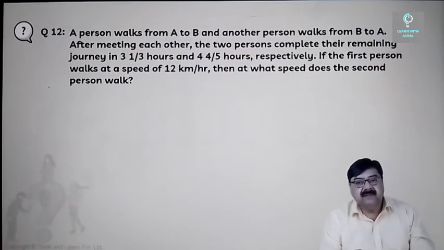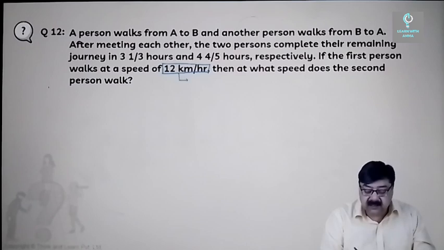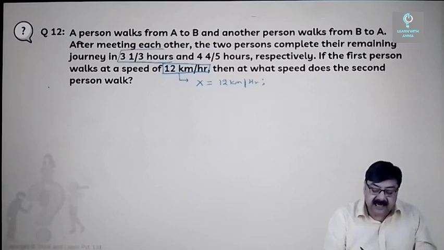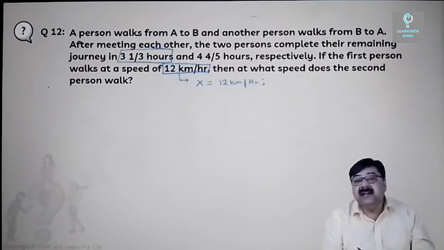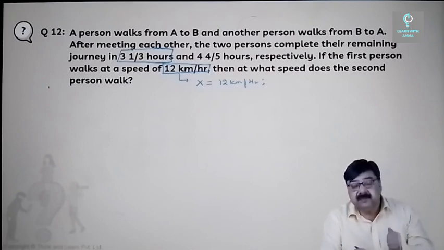So here let us identify. The speed of the first person is given to us as 12 kilometers per hour. So the value of x here is 12 kilometers per hour. The first person takes 3 1/3 hours to complete the remaining journey after meeting the second person.